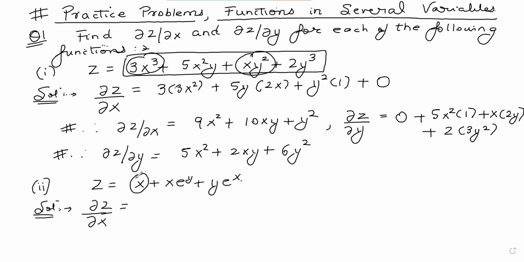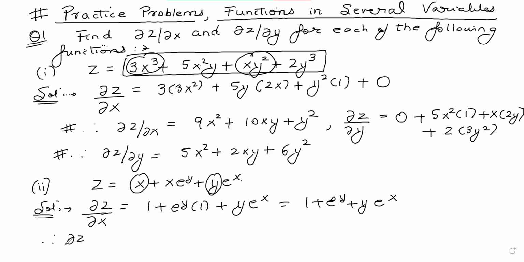The derivative of x is 1. e to the power y is a constant. The derivative of x is again 1, and y is a constant. The derivative of e to the power x is e to the power x. So I get 1 plus e to the power y plus y e to the power x. This is del z by del x.